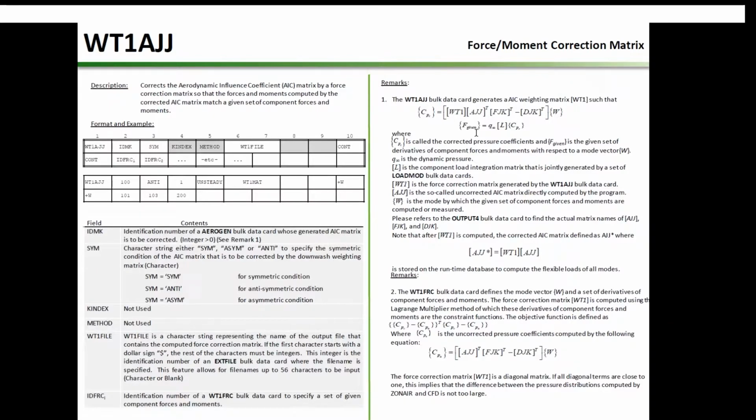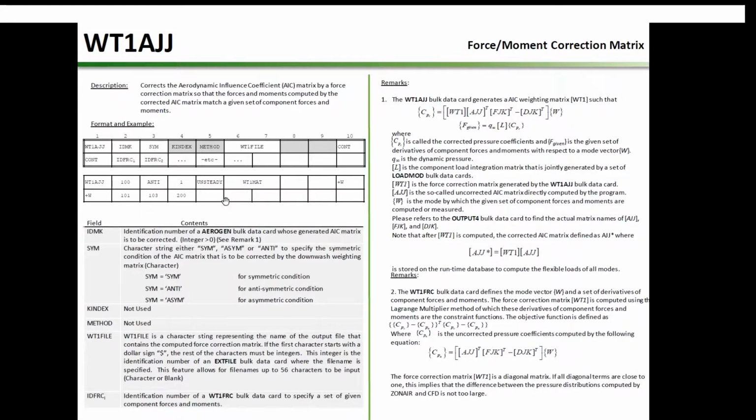The method of doing that is the Lagrange multiplier method, where the difference between the corrected CP and uncorrected CP, computed using this equation with the WT1 matrix, becomes the objective function, and the given force F is the constraint function. So we use the Lagrange multiplier method to generate the WT1 matrix.